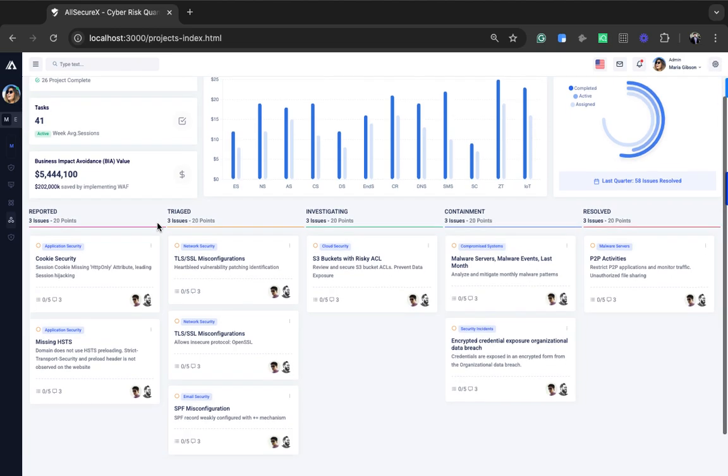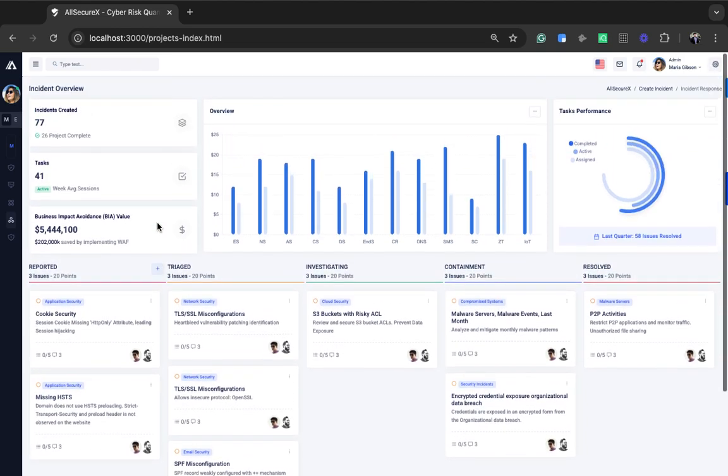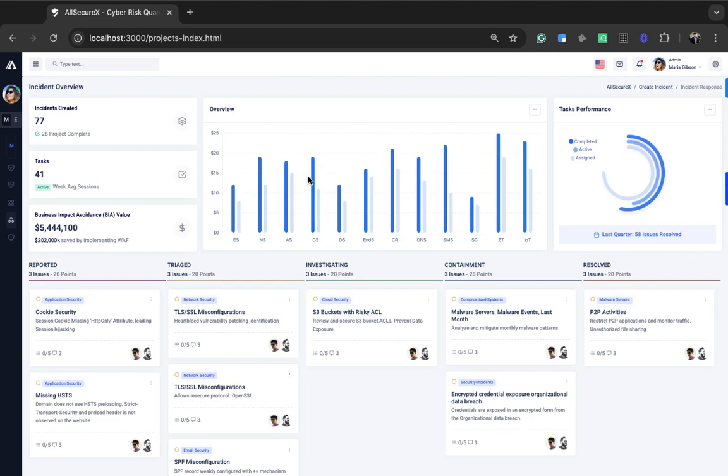There is also a graph which depicts the number of active incidents and those which have been resolved. The more you resolve, the better the BIA value will be, and the better the chances of reducing the financial impact. So this is how we are quantifying cyber risk on the platform.